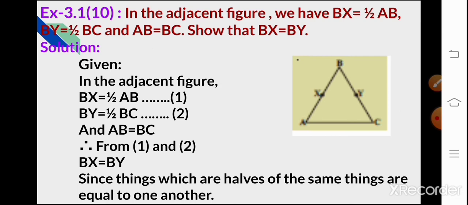And AB equals BC. It means AB and BC are the same things. Therefore, from equations 1 and 2, we can say that BX equals BY, since things which are halves of the same things are equal to one another.